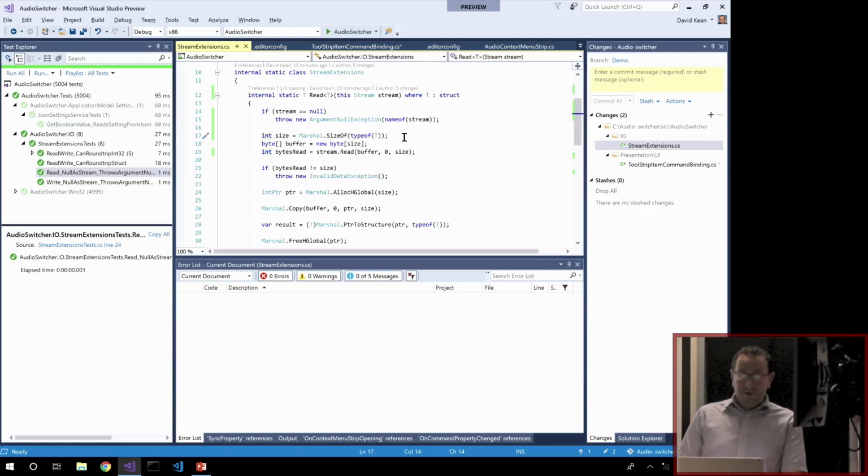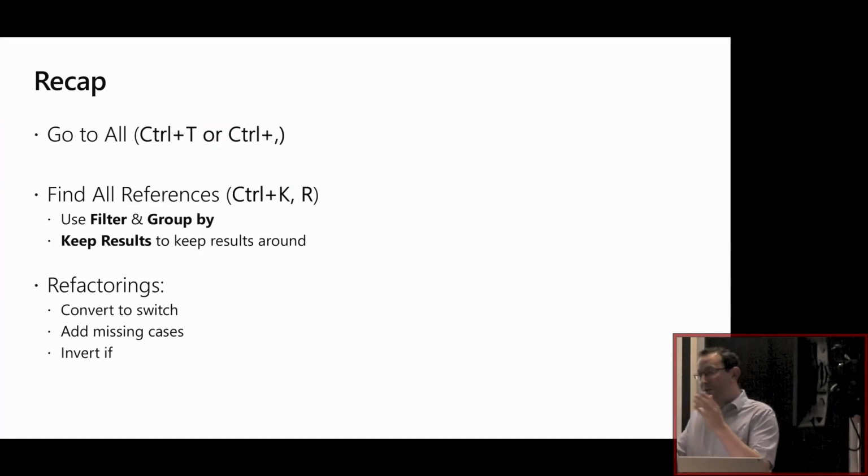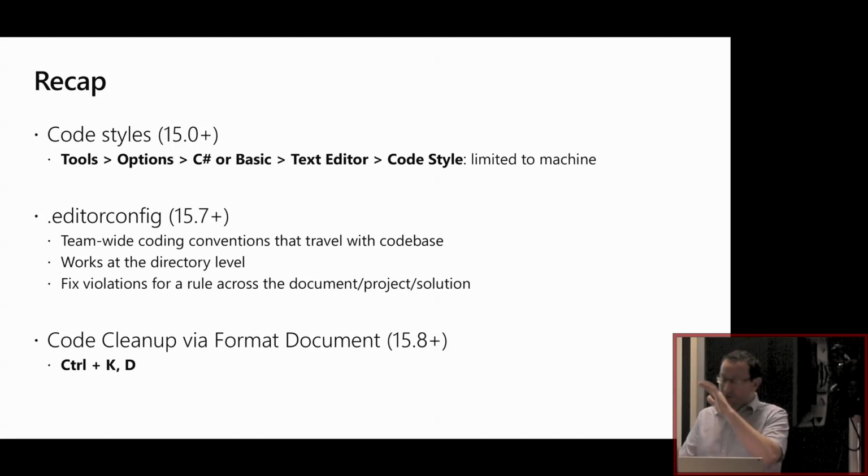Okay, so let's summarize what we saw. We added code styles, which we're extending every release, adding new ones, and enforcing braces. If you're missing some, go file them on Roslyn, which is open source, and you can add to the list of things that you'd like to see enforced. We added editor config support really in 15.7.